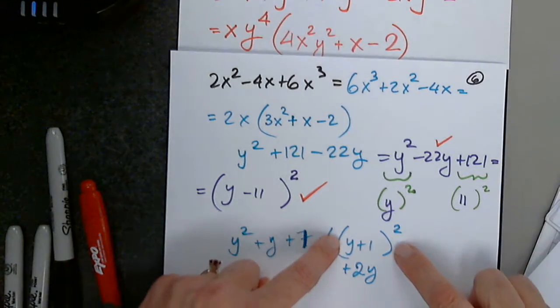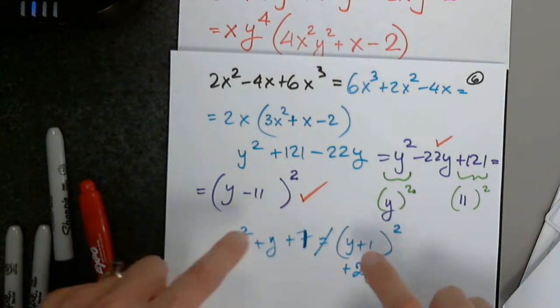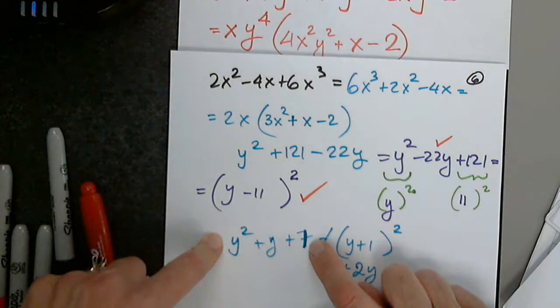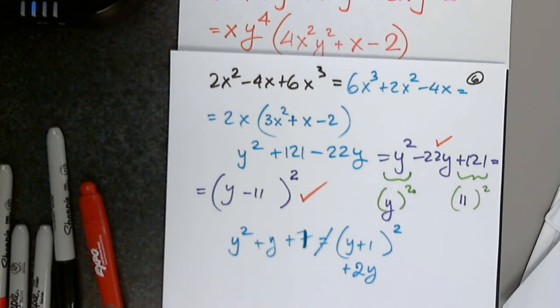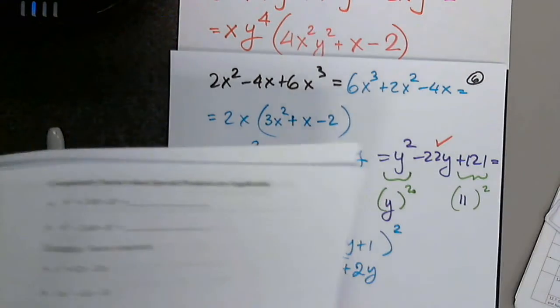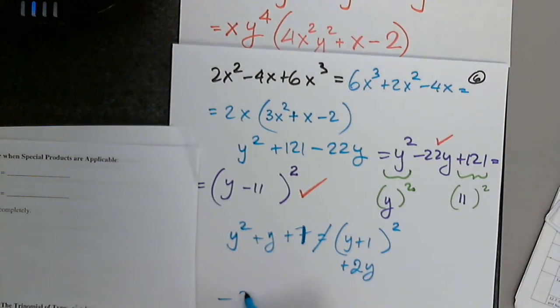Because you know now that the middle term here will be 2y, and you see that the middle term here is not 2y. So the left-hand side cannot equal the right-hand side. So you cannot blindly say, oh, it's y plus 1 squared. You still have to, at the end, check the middle term. Okay, next problem. Negative 3x squared minus 12x minus 12.